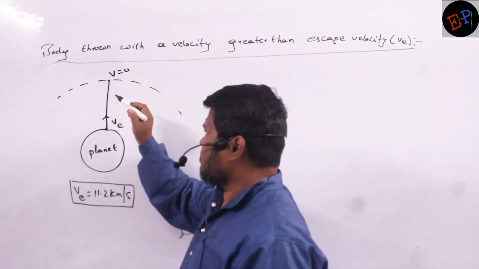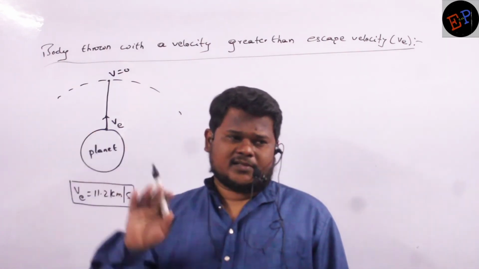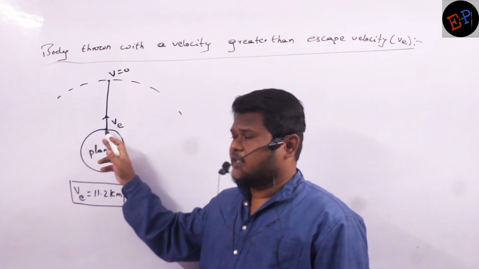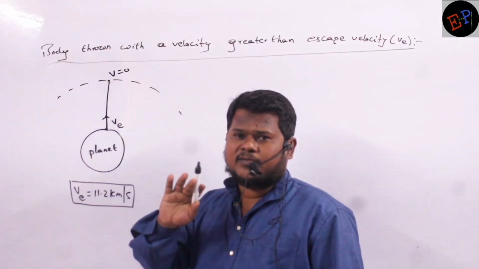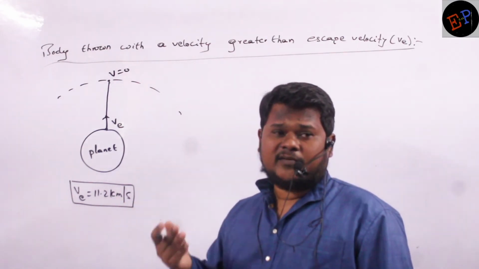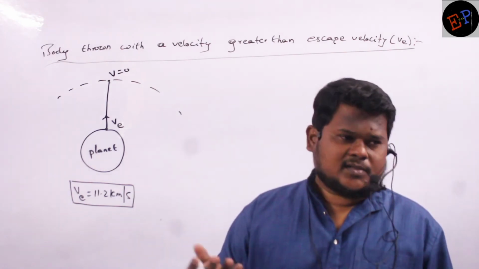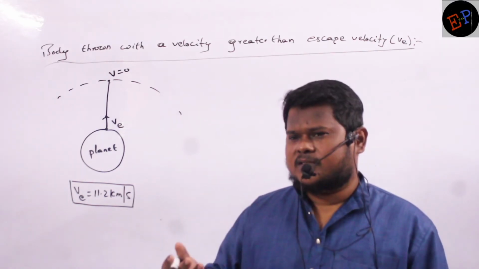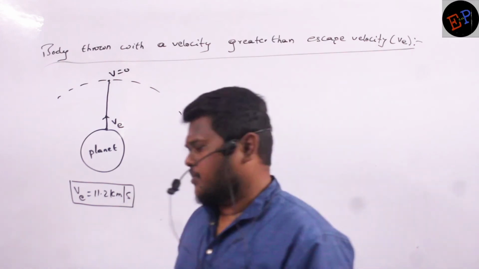Then what happens is, even after crossing the gravitational field, this body will have some velocity. When I throw only with escape velocity, then just after reaching the end of the gravitational field, its final velocity will become 0. But if I throw with a velocity greater than escape velocity, then even after crossing the gravitational field, the body will have certain velocity. If you give a velocity greater than the required velocity, it will have some velocity left. So make a note of that point.